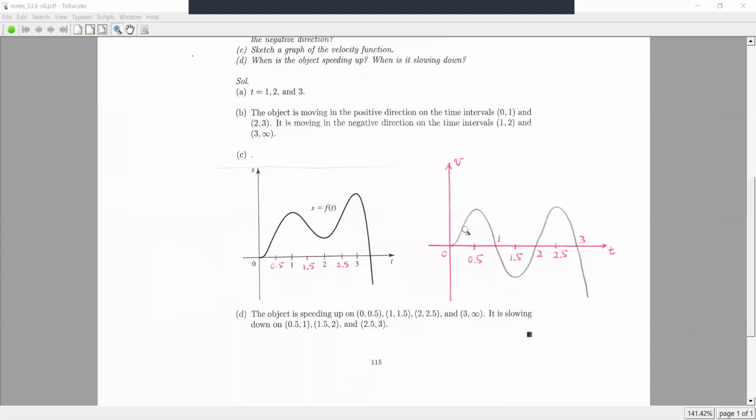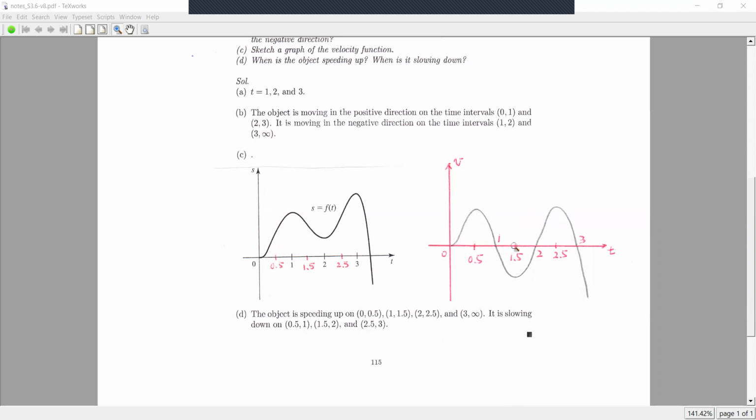So speed is increasing. Therefore, the object over this time interval is speeding up and is moving in the positive direction because velocity is positive.